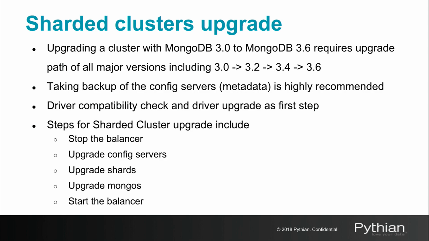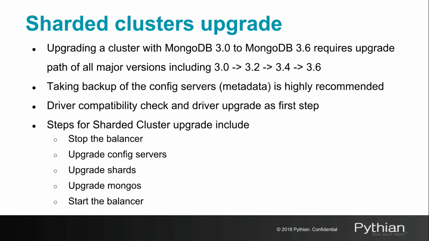The steps that you will take for doing sharded cluster upgrades include stopping the balancer, and that's always the first step when we are doing maintenance for sharded clusters. Then we upgrade the cluster metadata servers, the config servers. We upgrade shards, then mongos, and we enable the balancer at the end.